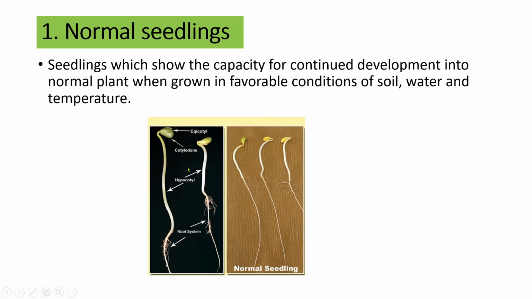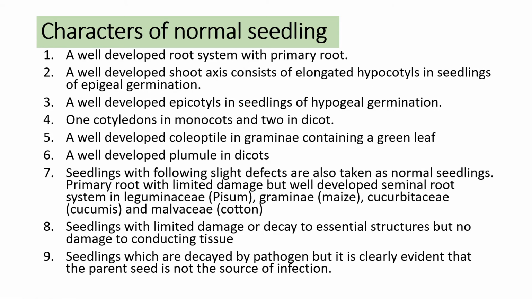So if there is decay or damage of a small portion of the cotyledon, it is not of much concern, but damage on the root or growing plumule and radicle will be a big issue for a normal seedling. And seedlings which are decayed by pathogens, but it is clearly evident that the parent seed is not the source of infection, are also criteria for normal seedlings.